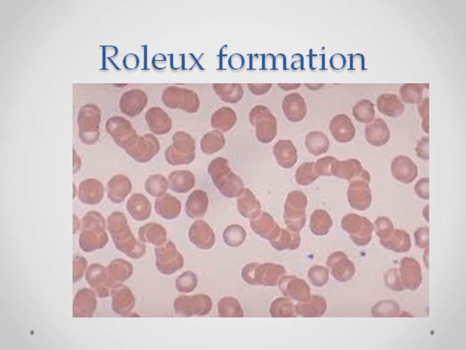Rouleaux formation, sometimes we see it normally, but sometimes we can see it in other diseases like multiple myeloma, Waldenstrom macroglobulinemia, sometimes in inflammatory disorders and sometimes in autoimmune disease. This might be due to excess antibodies that make red blood cells stick to each other.